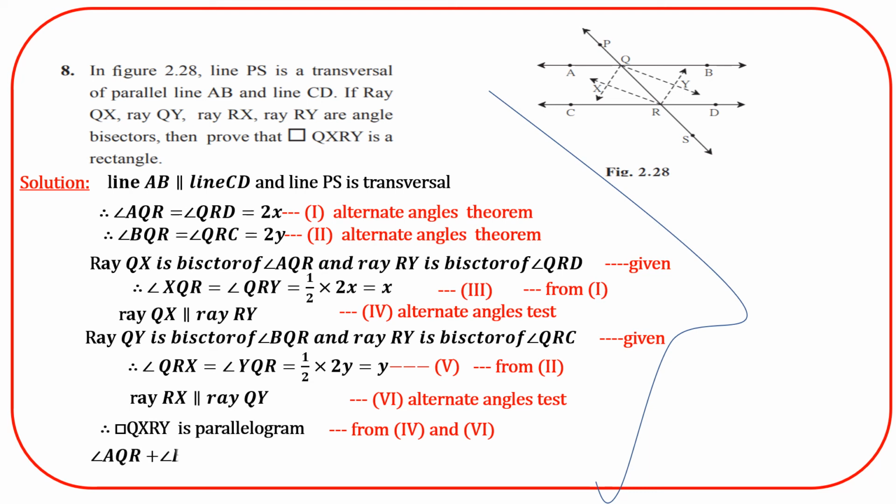Angle AQR plus angle BQR is equal to 2x plus 2y is equal to 180 degrees. Angle AQR means this angle plus angle BQR means this angle, these form angles in a linear pair. 2x plus 2y is equal to 180 degrees.